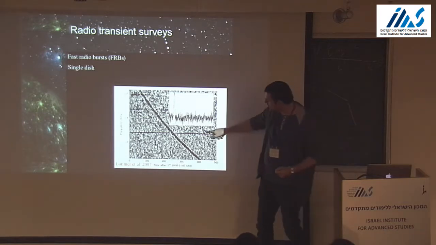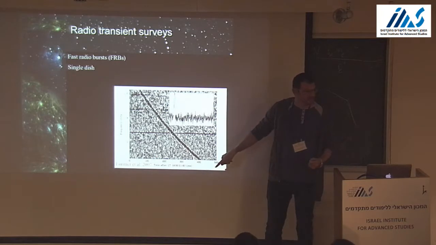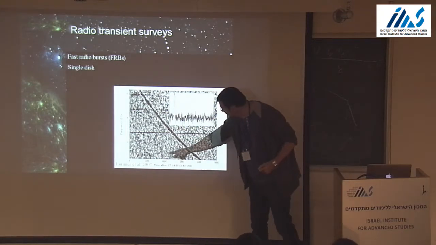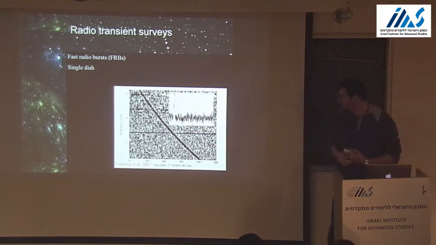Now, if you do that here, all this signal will be smeared across different times. So the signal to noise, which is quite high in this spot, is going to be smeared with all this noise, and it's going to be much weaker. This source was detected because it was just so strong that you can probably detect it even after you degrade it in this way.